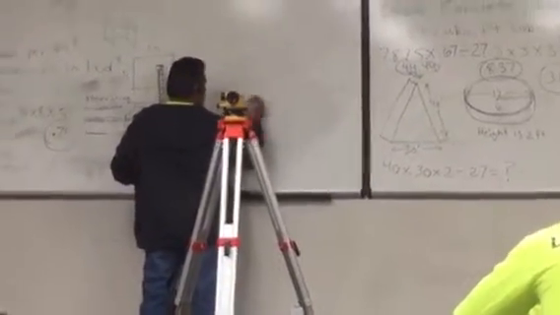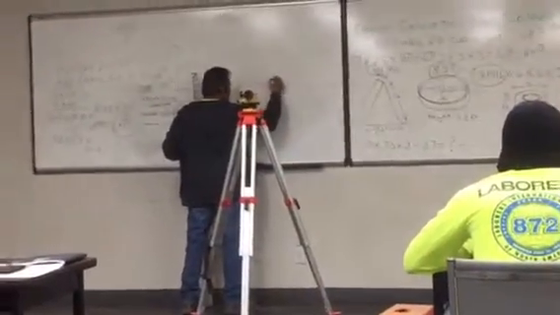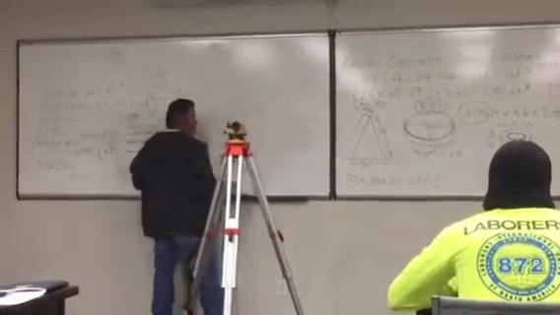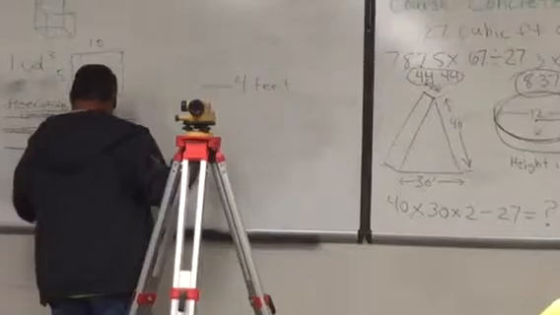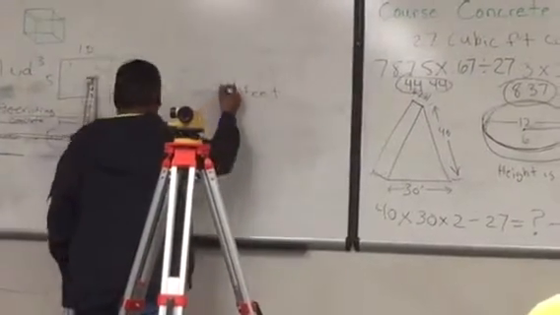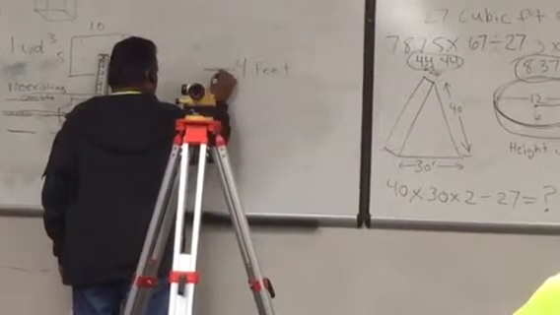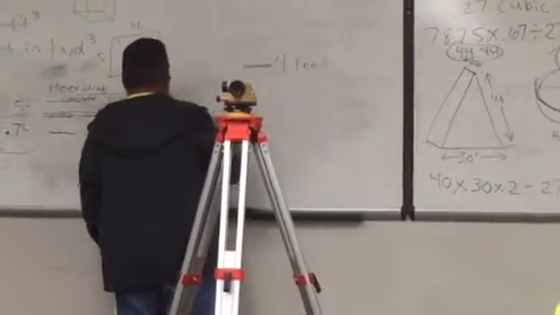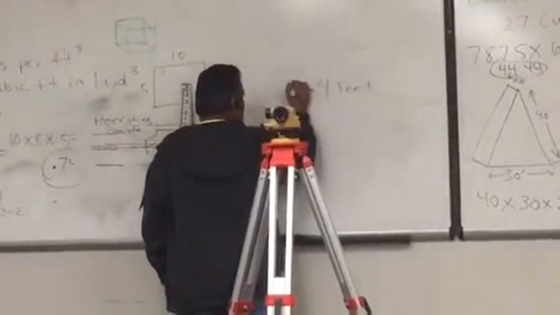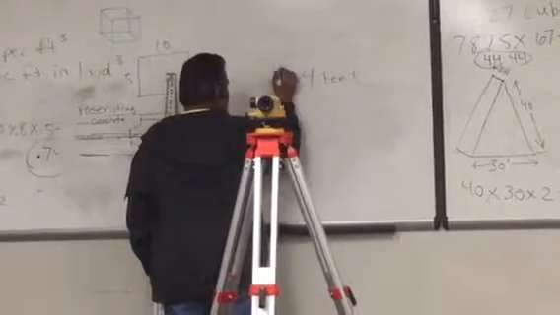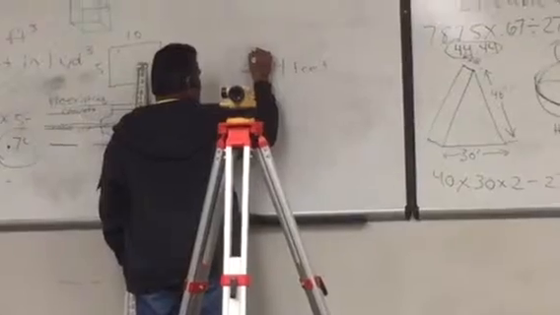Here's your mark. Main one, the big red number represents what? Feet. Okay, now, in between, right here from this dark bold line, that's your foot line, then you start with 1, 2, 3, 4.